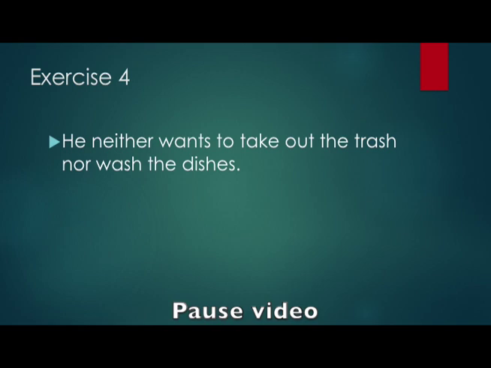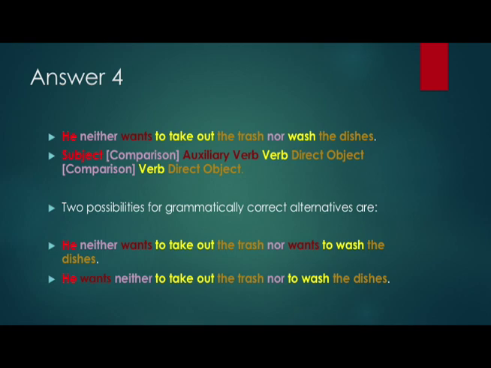So here we have the sentence, he neither wants to take out the trash nor wash the dishes. So let's break this down. He is the subject, and then we're trying to compare two things he doesn't want to do with neither and nor.